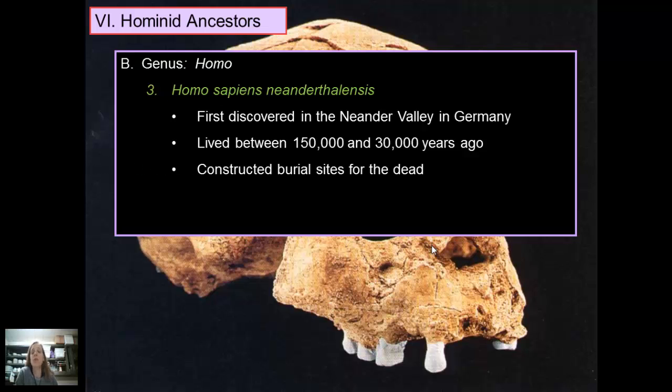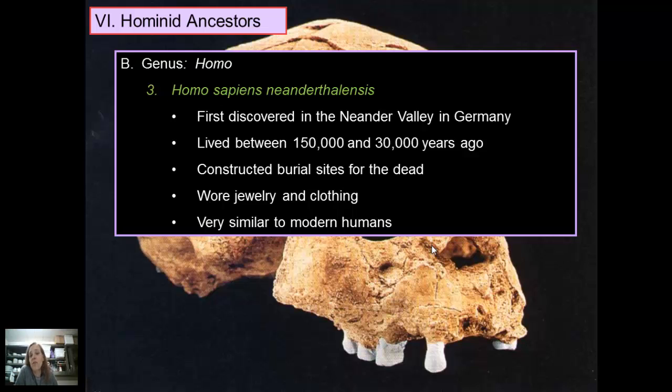They constructed burial sites for their dead, which was remarkable because, again, it's showing an advancement in society. And they wore jewelry and they wore clothing, which indicates that they had some free time, which indicates that they were becoming very advanced in their food gathering techniques.